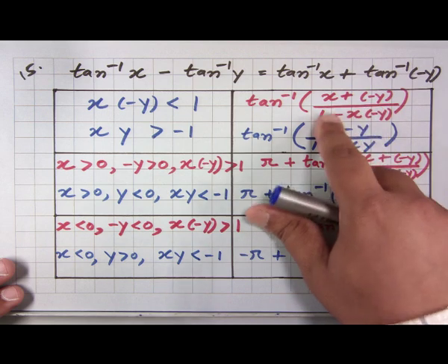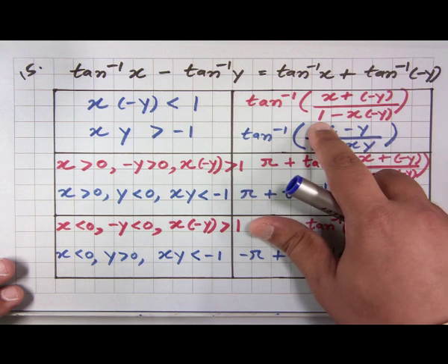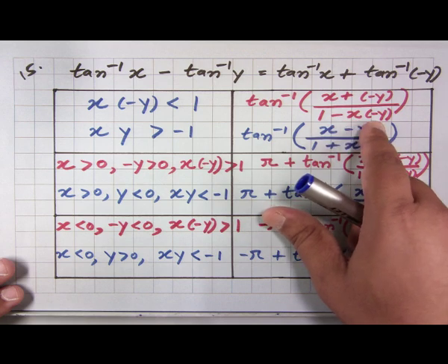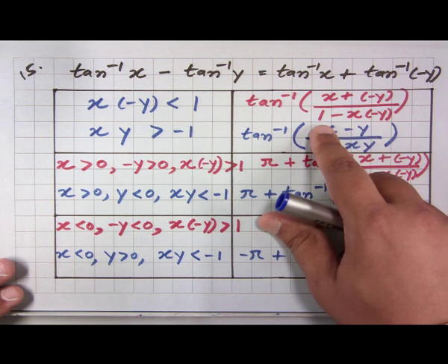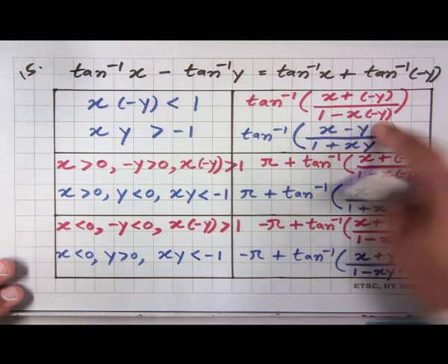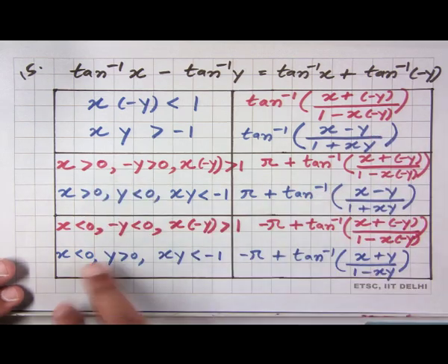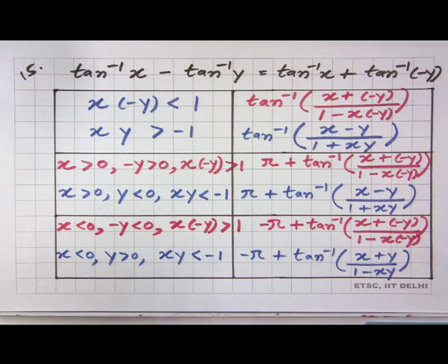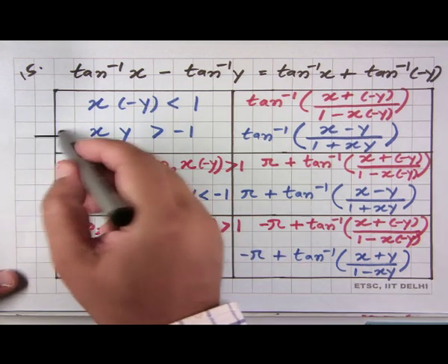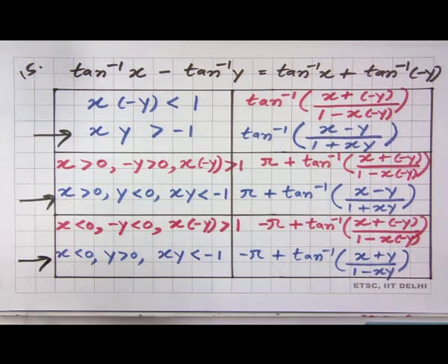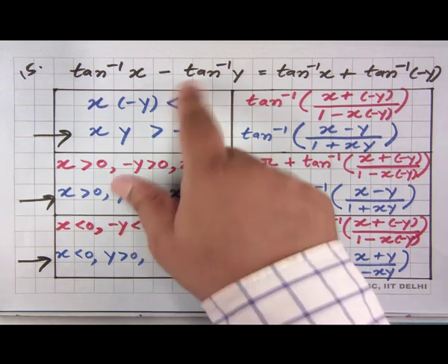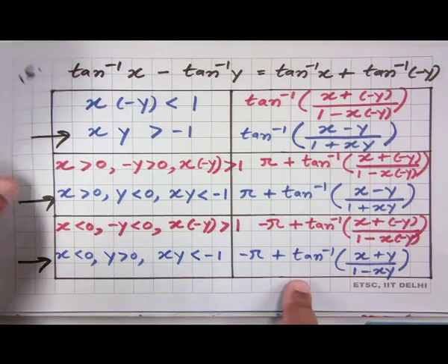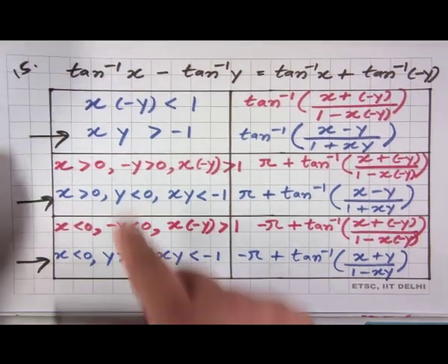So we get x plus minus y over 1 minus x times minus y. The same thing we have to keep doing for the other conditions. And so finally we end up getting these three rows for the conditions, and the values for tan inverse x minus tan inverse y, depending on the condition satisfied by both x and y.